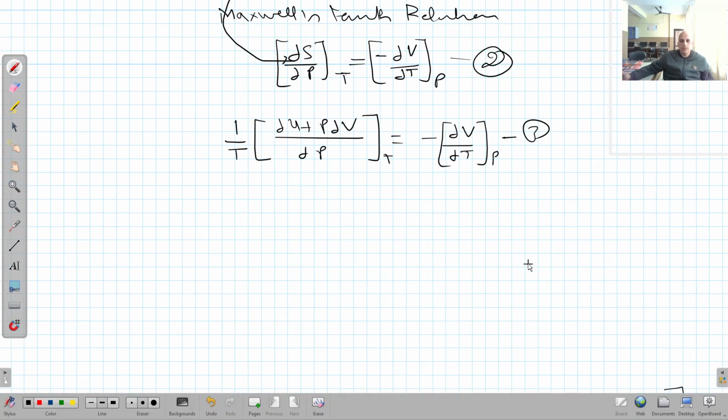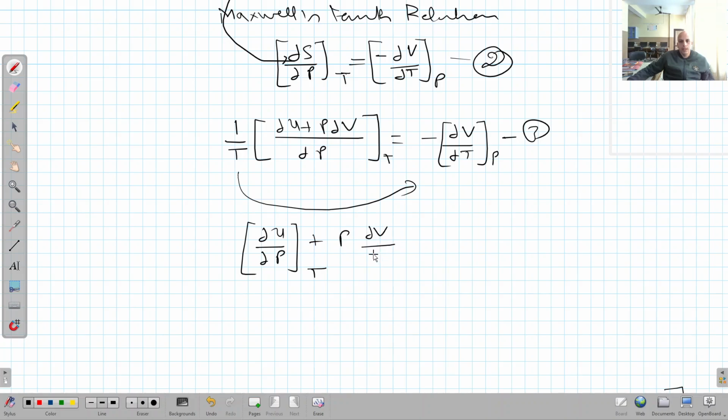When I simplify this equation, taking T toward this side, it will become (∂U/∂P) at constant temperature plus P(∂V/∂P) at constant temperature is equal to minus T(∂V/∂T) at constant pressure. Okay, this is equation number 4, right?